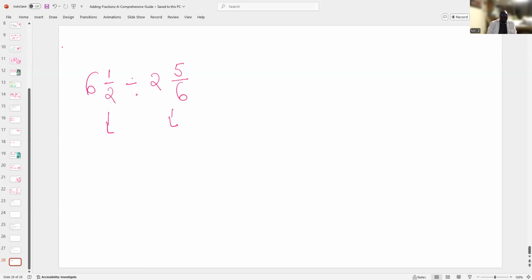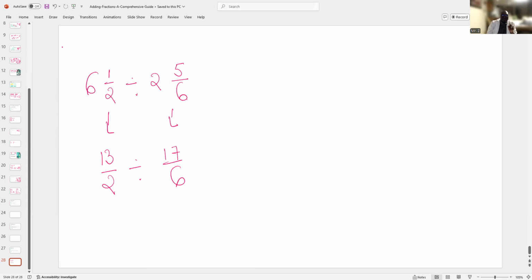Convert that from mixed number to improper fraction. 2 times 6 is 12, plus 1, 13. 13 over 2. Divide. 6 times 2 is 12 plus 5, it's what? 17. You got 17 over 6. 6 times 2, 12 plus 5, 17.